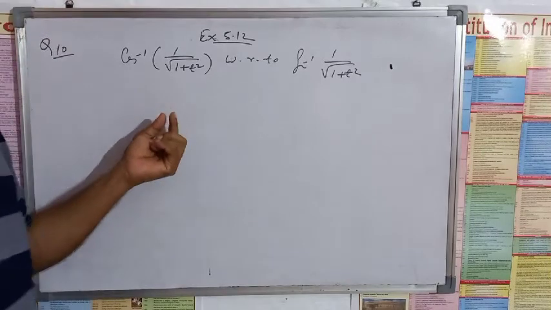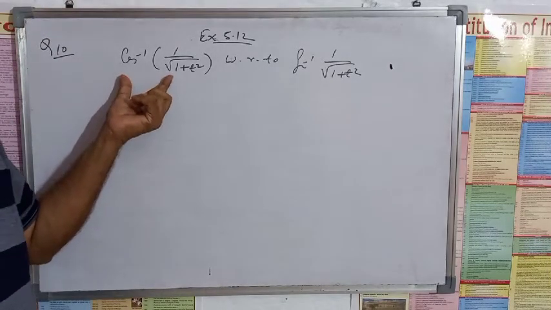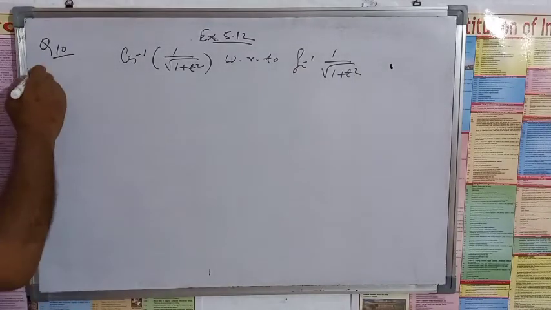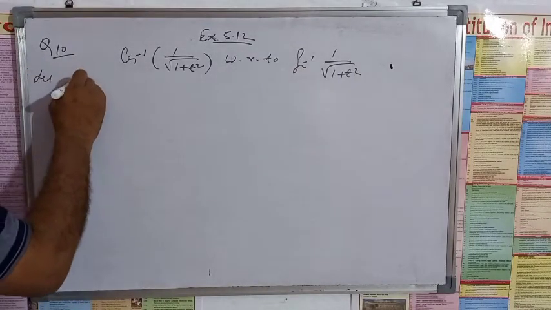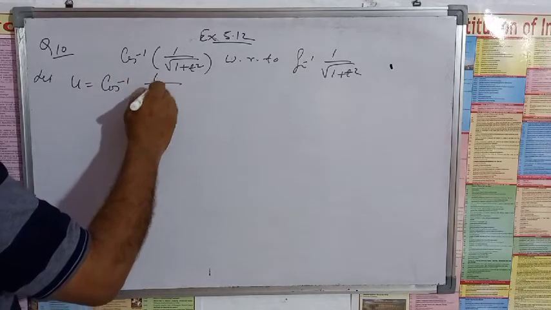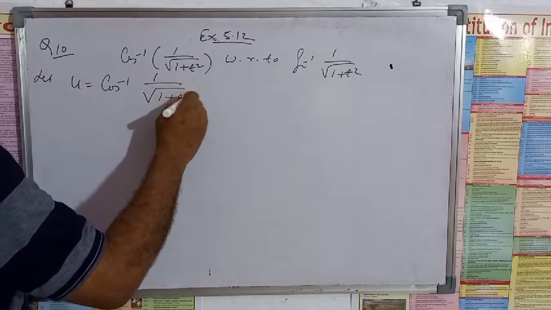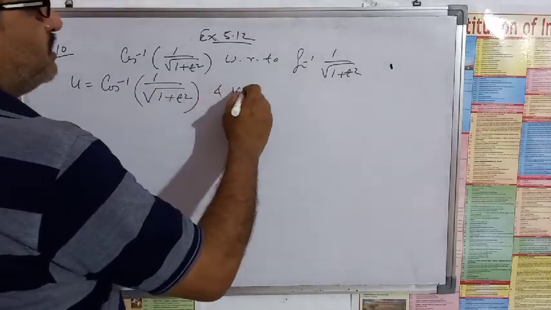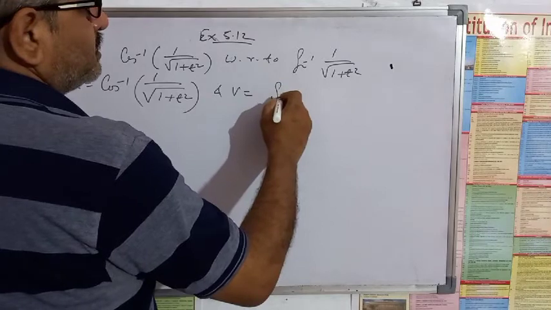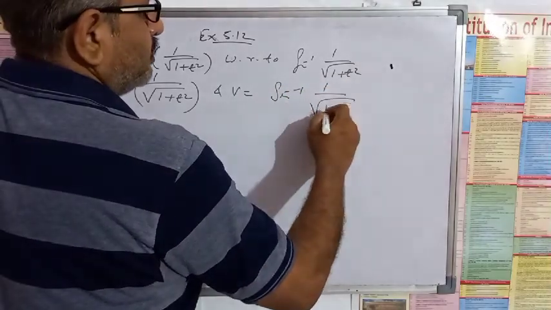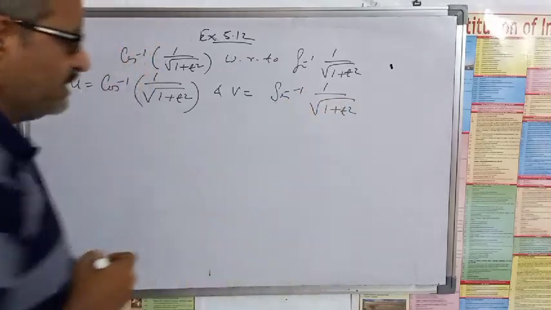So what we have to do? We will suppose let the first function be u and the second function be v. Let u is equal to cos inverse 1 by root 1 plus t square, and v is equal to sine inverse 1 by root 1 plus t square.